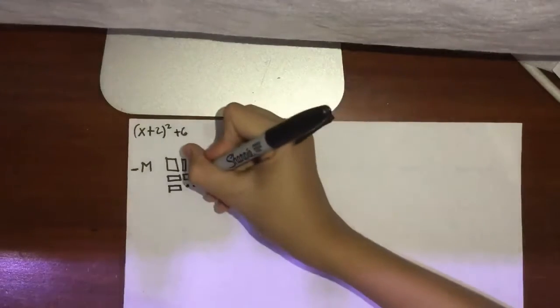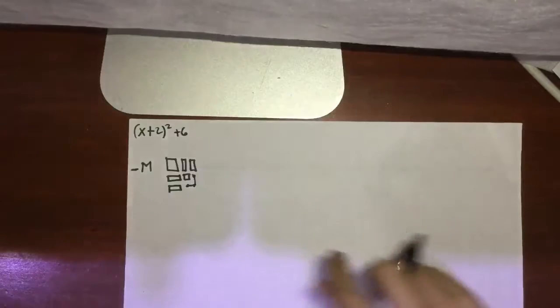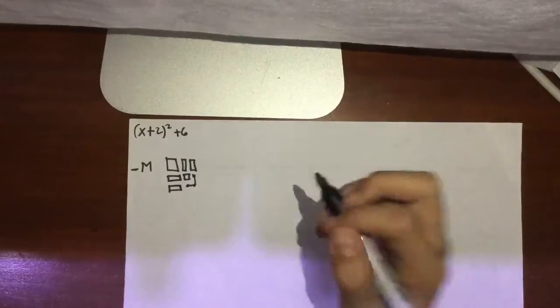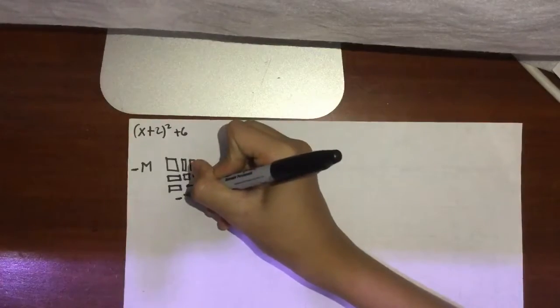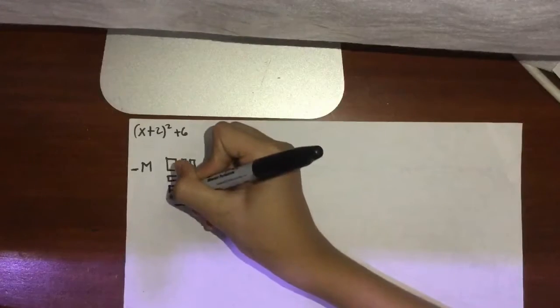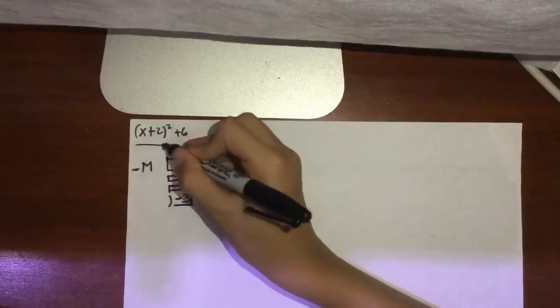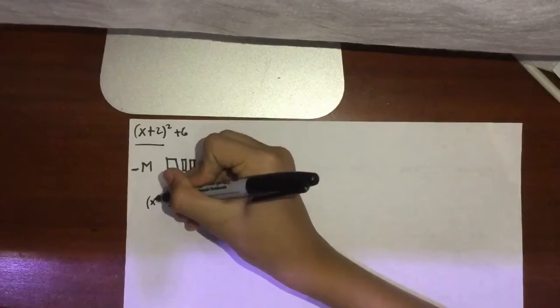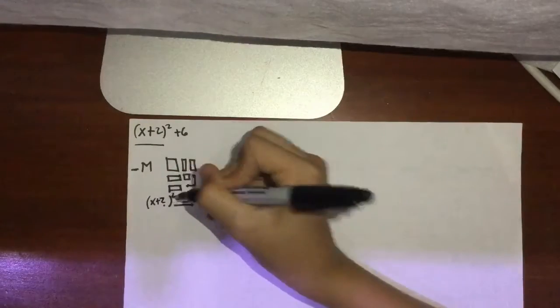In this case, we just had 1 and we needed 4, so it would be negative 3. We have 3 missing, and here the answer would be x plus a number, squared.